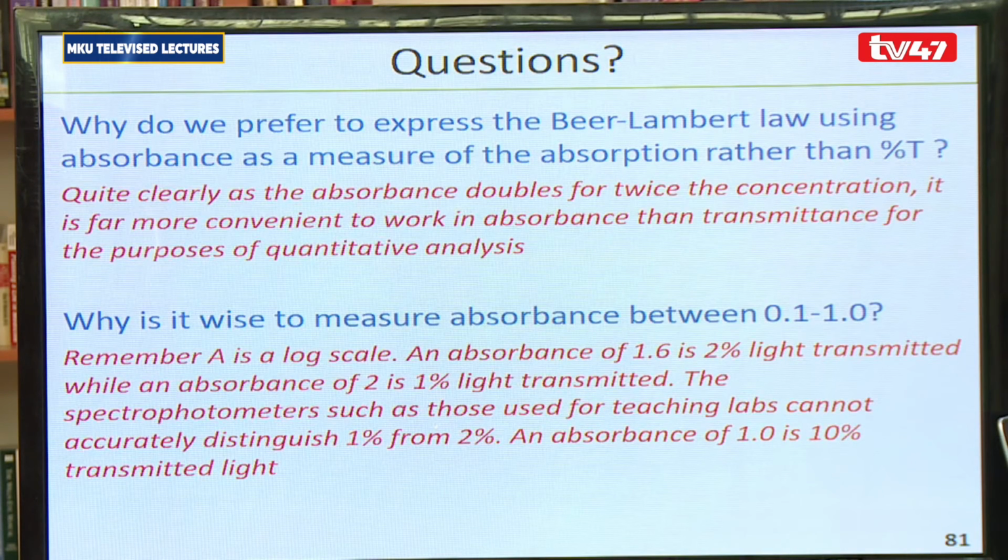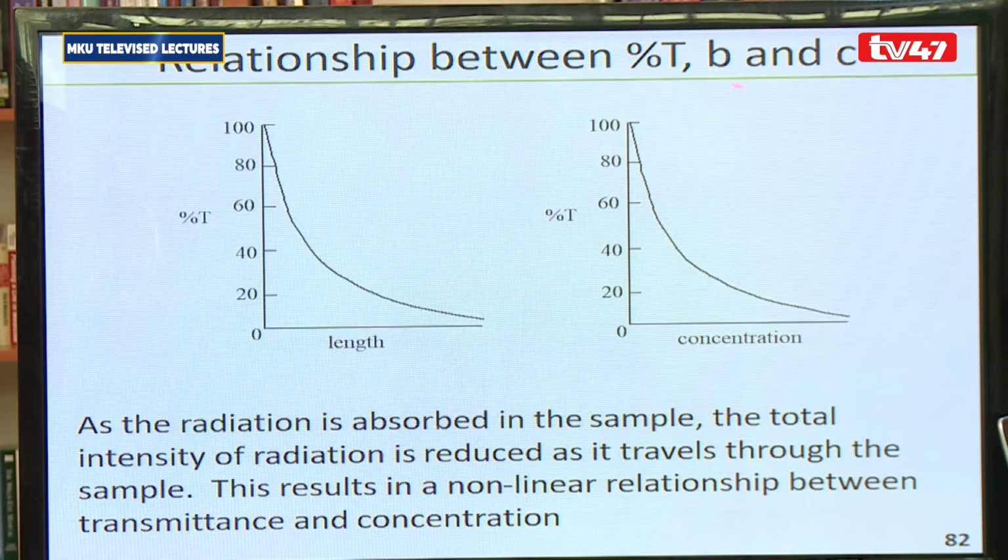We've already seen that we are using absorbance and concentration. Why are we not using transmittance? Because transmittance and concentration are not directly proportional. And we can see this by looking at the relationship between transmittance, the path length, and the concentration.